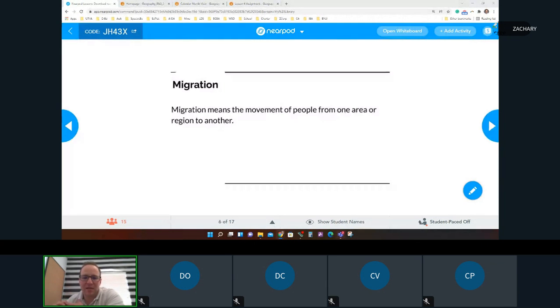It could be looking at items like Amazon, right? It's made somewhere and it's shipped to you. It could be food. All of that kind of stuff is the migration of different things and how things get into different cultures. But we're going to be talking specifically about the movement of people from one area to another.